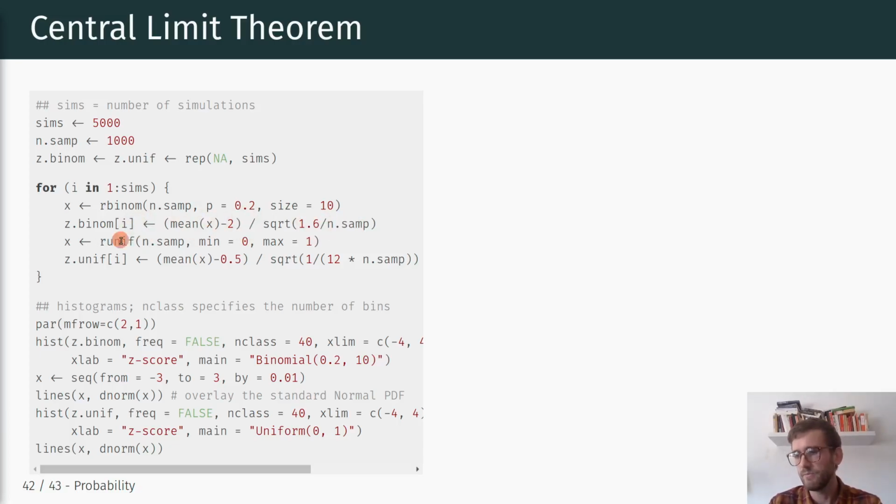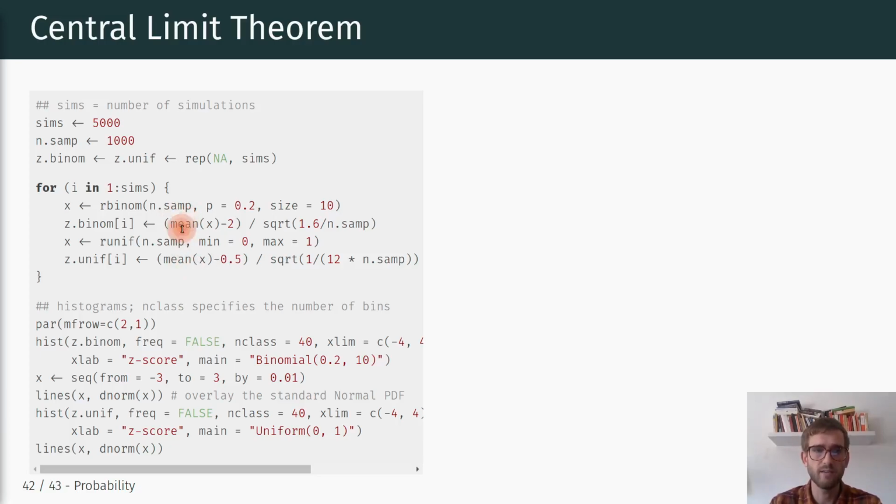And we do the same for the uniform distribution. We take random draws from the uniform distribution. That's a standard uniform between 0 and 1 for a sample size of 1,000, and then we z-score this sample average.